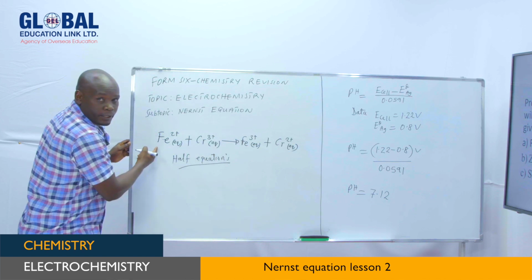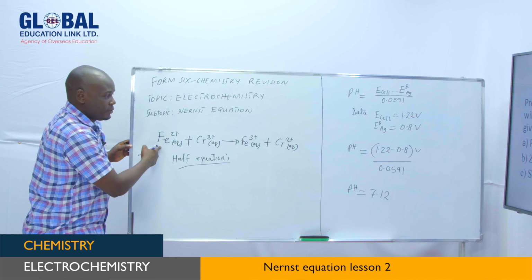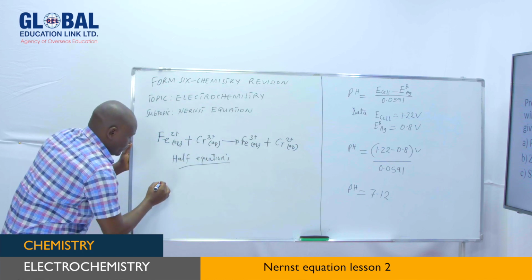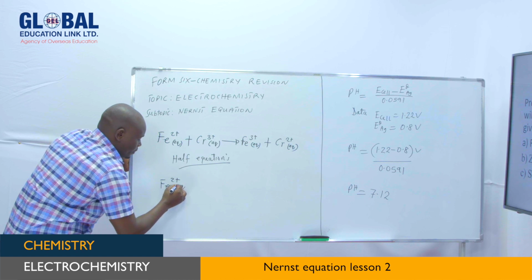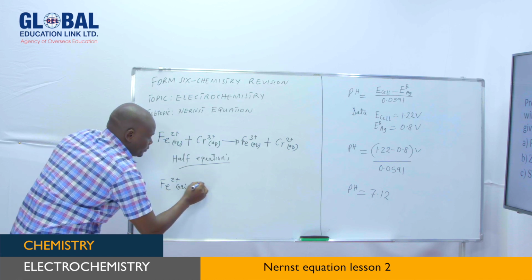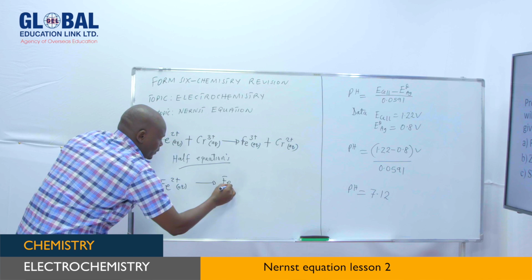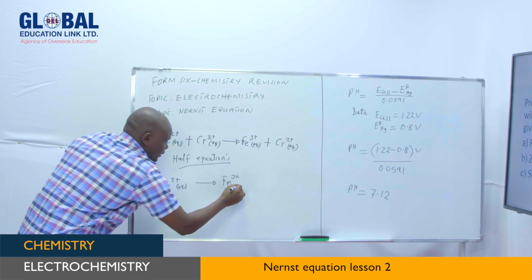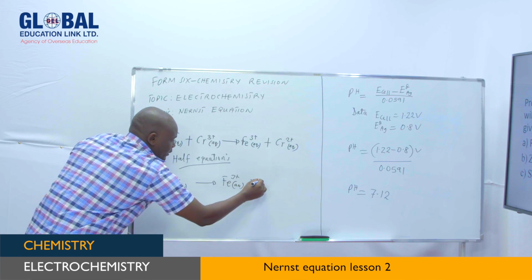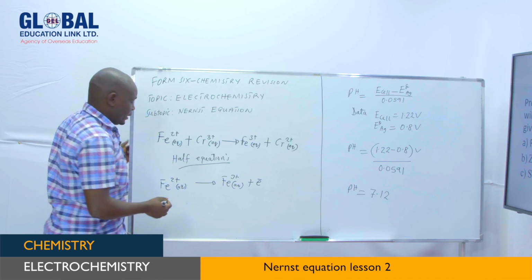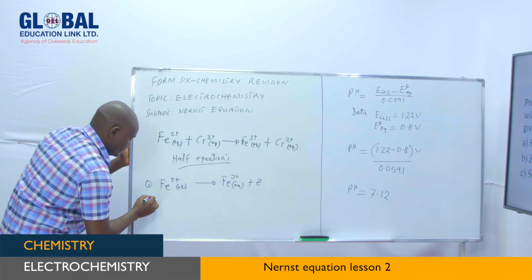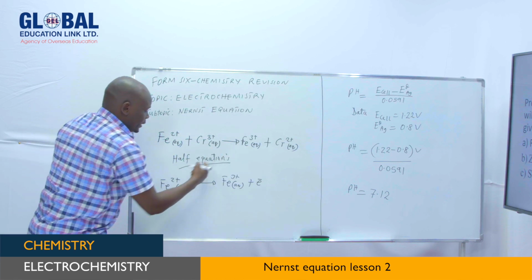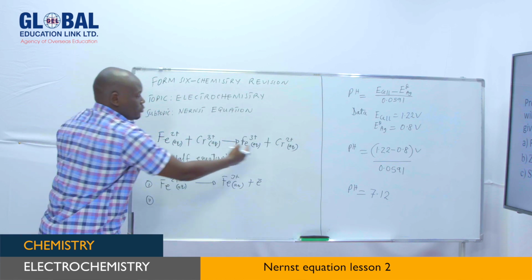this one is the conversion of iron 2 to iron 3. So iron 2 to iron 3. Then when balancing the charges you have to add 1 electron there. And the second half equation is the conversion of chromium 3 to chromium 2.